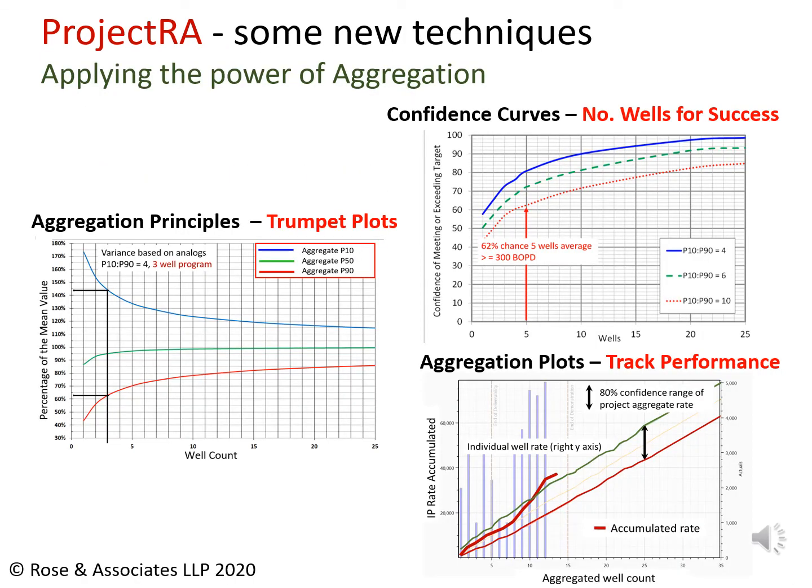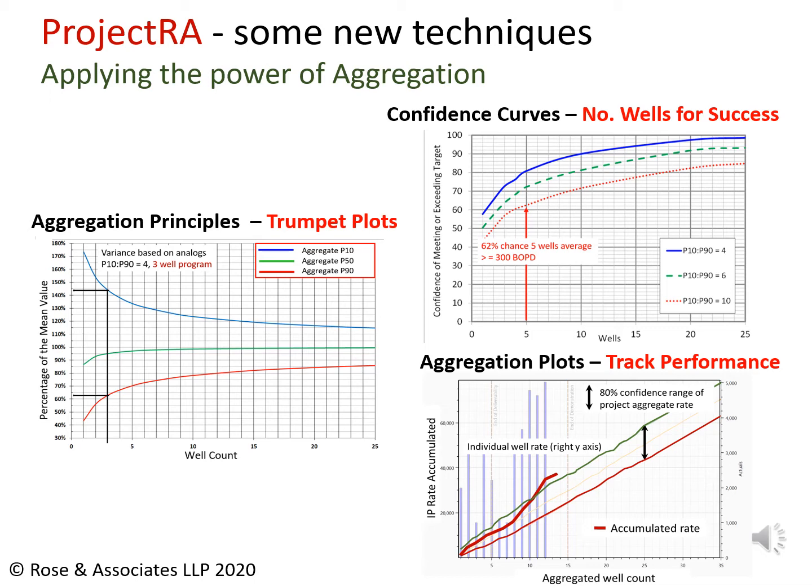Beyond the tools and applications that you'd expect to find in a software package designed to evaluate resource and economics and decision analysis, ProjectRA is going to introduce you to some new techniques and some new tools that are very powerful for the design of your project.